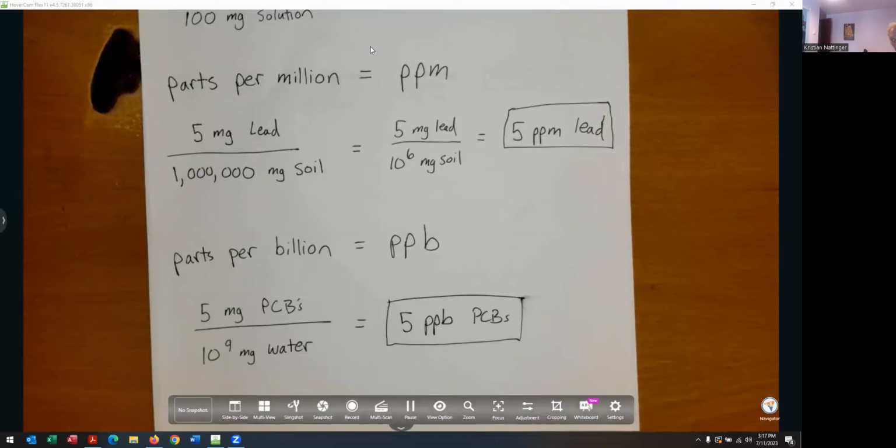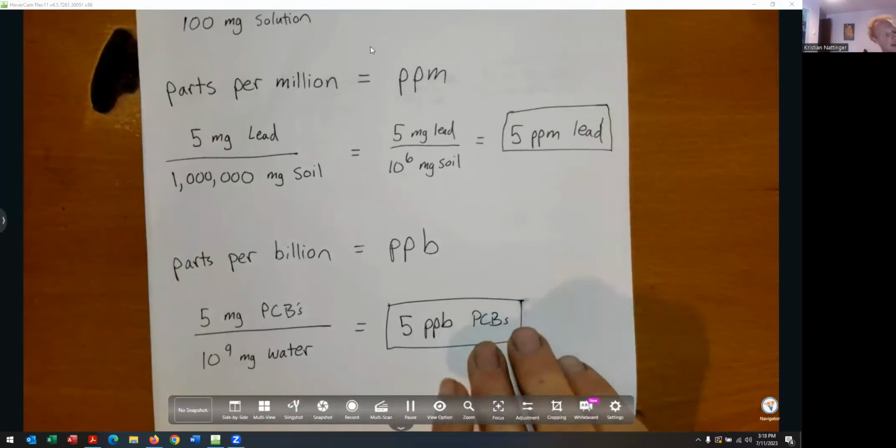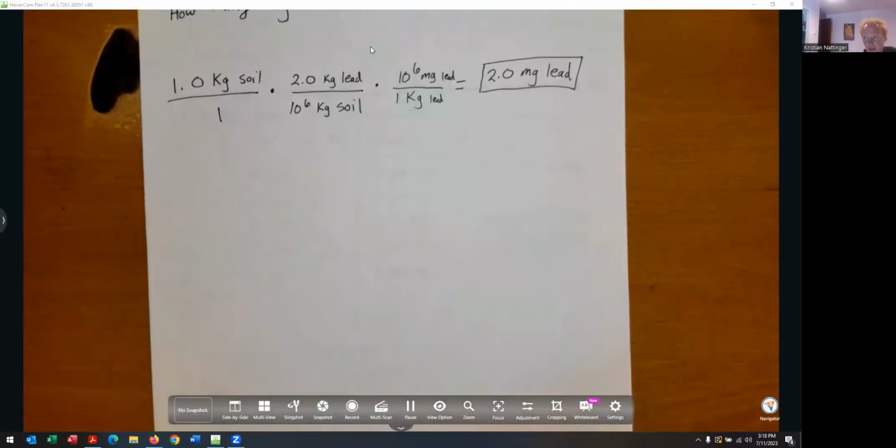But because they're forever chemicals, they don't ever really break down. It causes lots of problems as they build up in fat tissues of animals, right? So anyway, side tangent there. But if we're looking at parts per billion, we're talking about 5 milligrams of PCBs in 10 to the 9th milligrams of water, way more water, right, than we were talking about earlier with soil, and that is 5 parts per billion. Now, what if we were going to try to do some math?